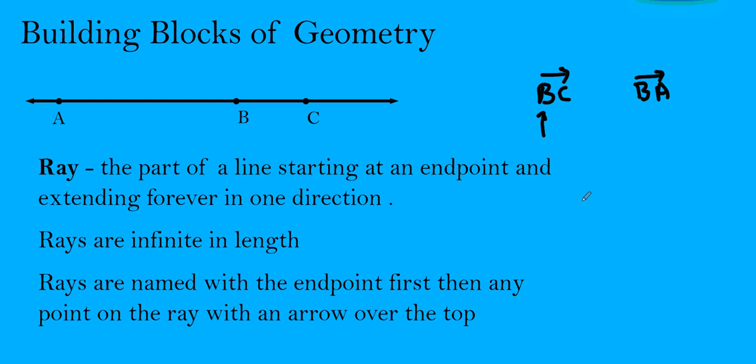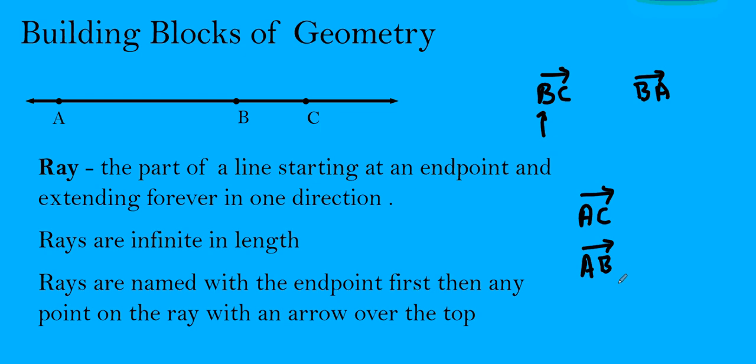And let's take another case here because this is the most specific thing that has to be named. If we take ray AC and ray AB, those are not distinct rays. Those are the same ray. They start at A and go forever through the right. Whether we name it as starting at A and going through C, or starting at A and going through B, it's the same part of the line.